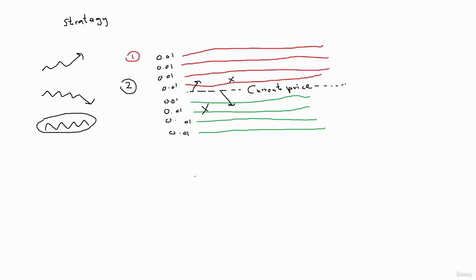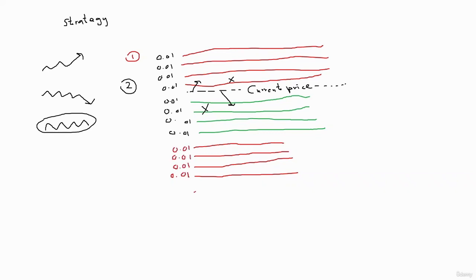Now imagine price has triggered sell limit orders. These are the sell limit orders. This is the current price level. So there are no buy limit orders because we have deleted all the buy limit orders.